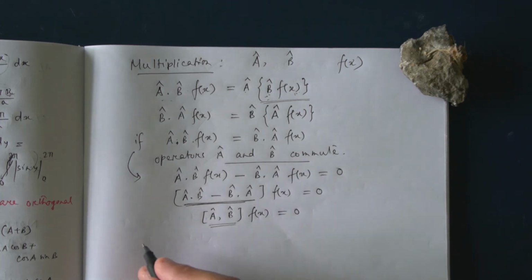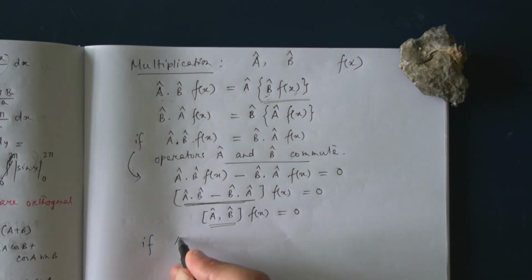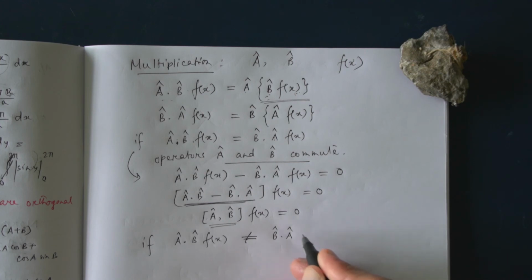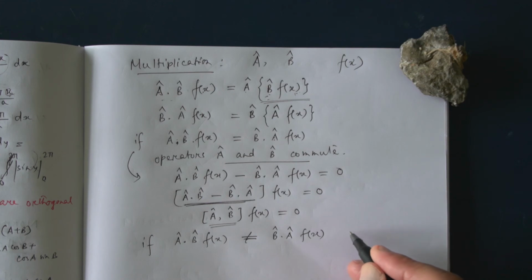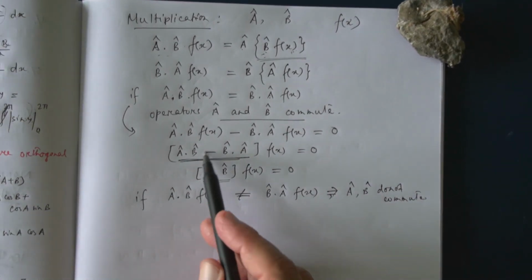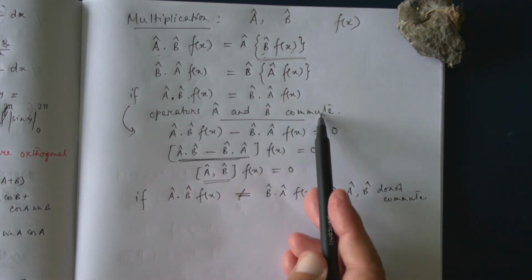Now if AB f(x) is not equal to BA f(x), then A and B do not commute. Obviously, this is equal to this, A and B commute.